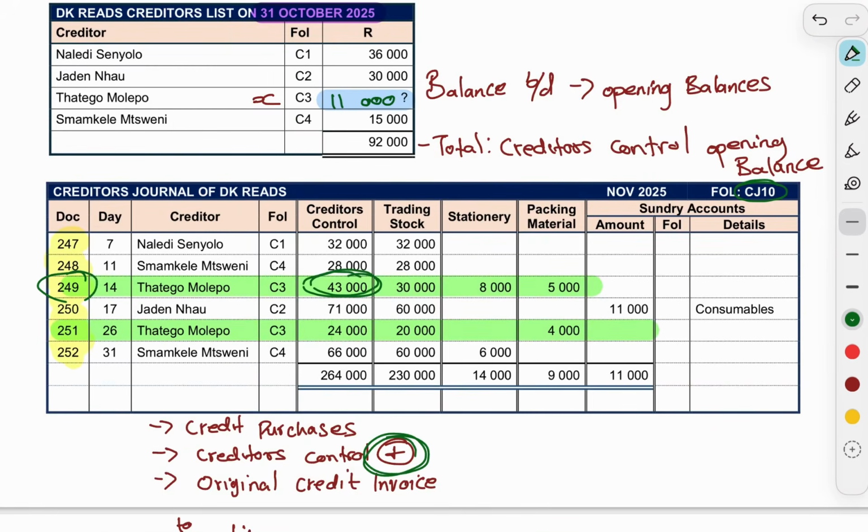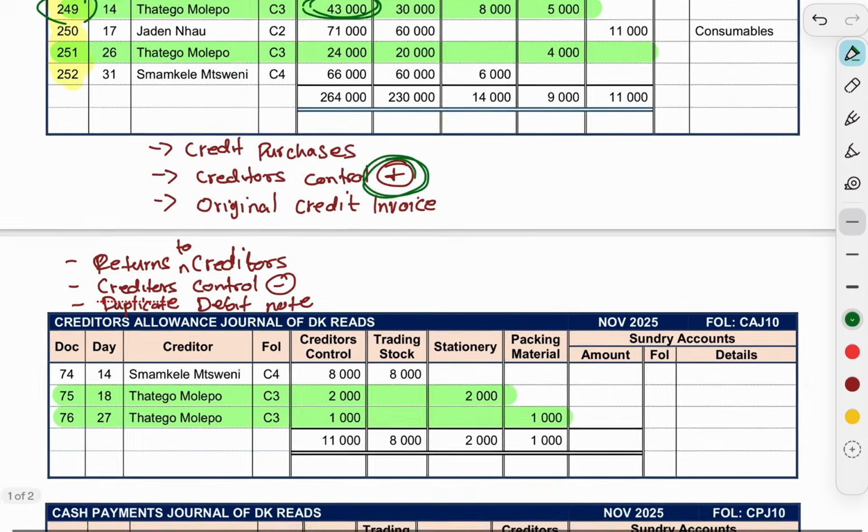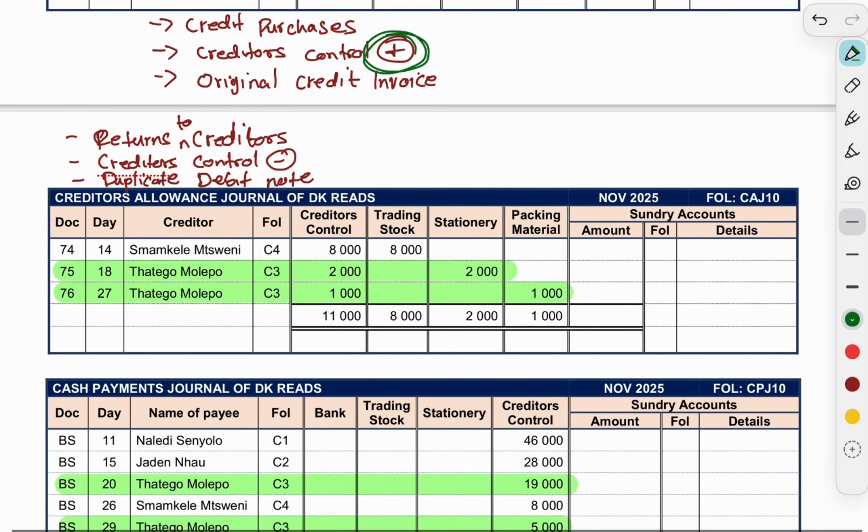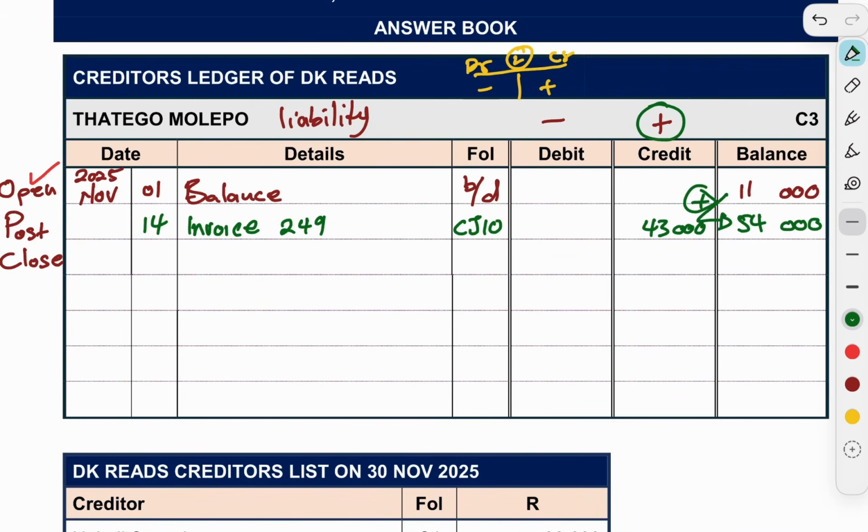The next transaction is day 18. Remember, they need to be in date order. Day 18 is under the creditors allowances journal, so it's a return to Thategô Molepo of 2000. The document number is 75. So we go back, day 18. Since it's a return, the source document is debit note number 75.